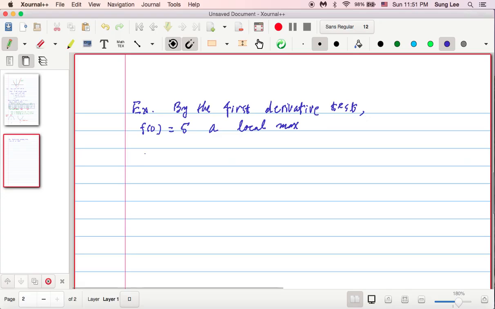And f of negative 1 equals 0, and f of 2 equals negative 27, those are local minimum values, local minima. Good.